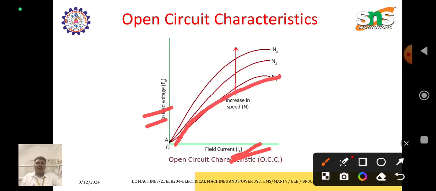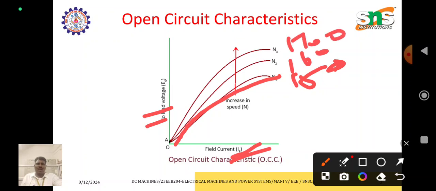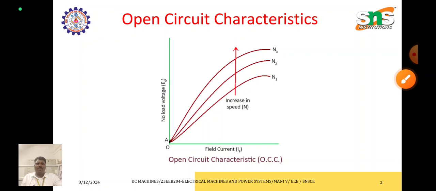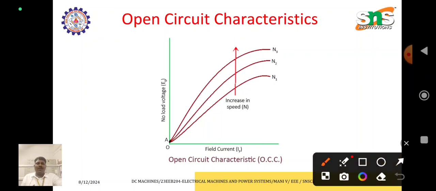This curve is for 1500 rpm and this is for 1600 rpm. For different rpm we get different curves. The simple logic of the open circuit characteristics is that the induced voltage gradually increases with the corresponding field current.